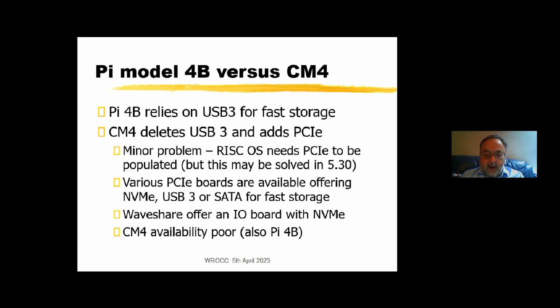I did try a Waveshare I/O board, which is not much bigger than the Pi 4B that the Compute Module 4 sits on, but it has dedicated what would have been the PCI Express slot to an NVMe socket, which is okay for Linux, but no good for RISC OS.